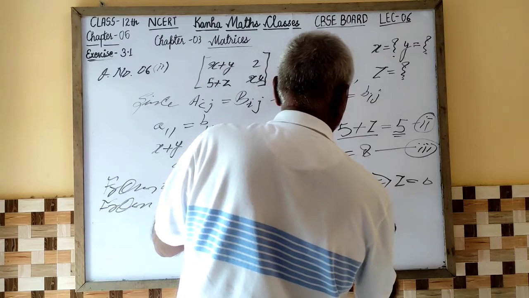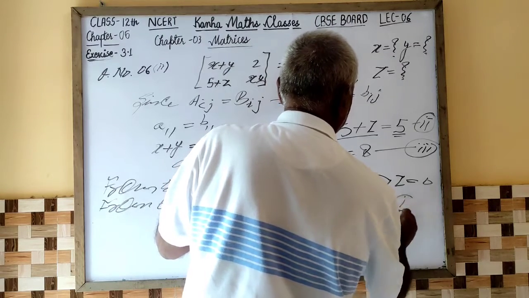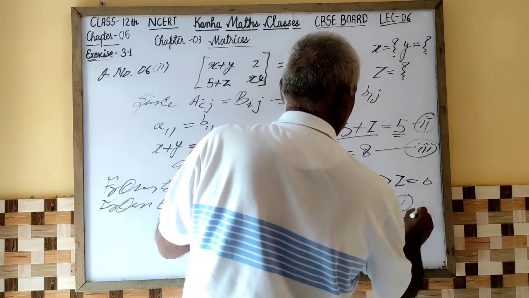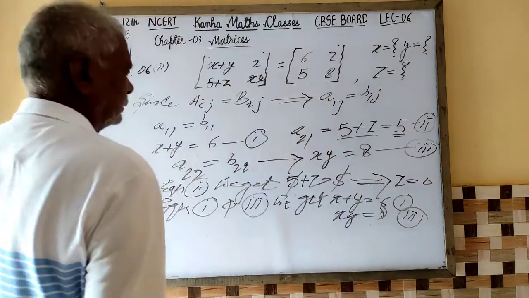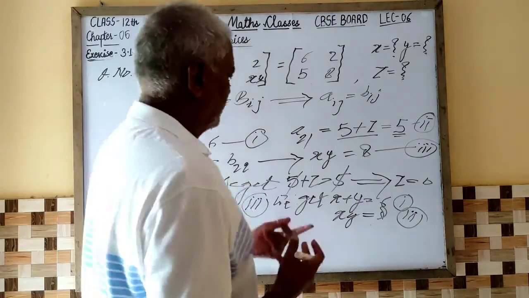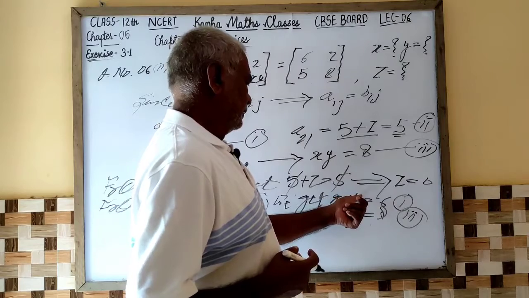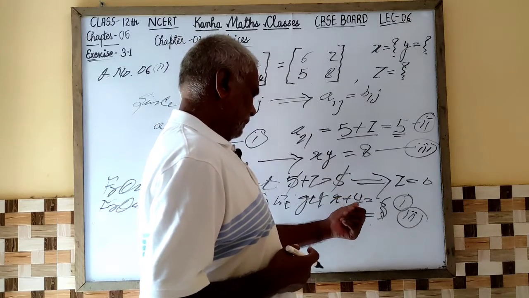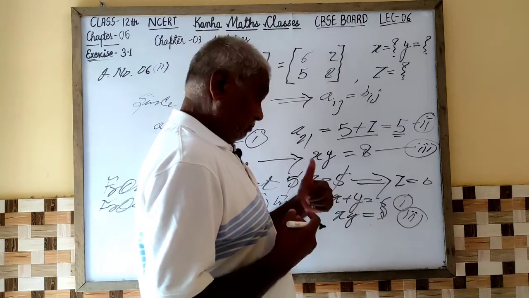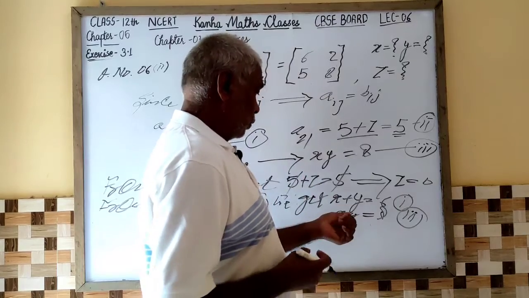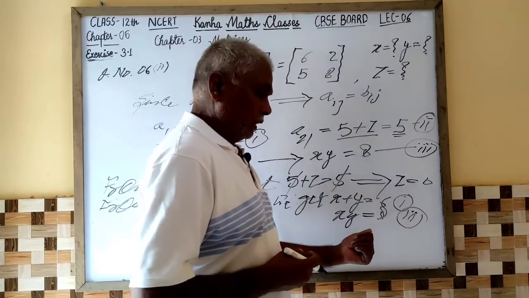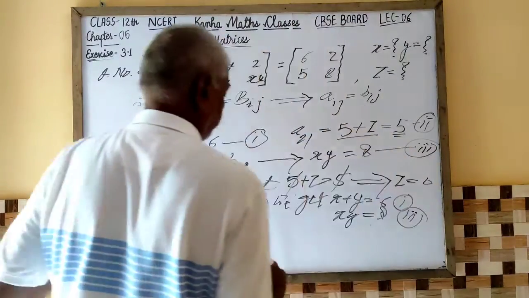This is first and this is third. Then we may find the value of x in terms of y, or y in terms of x, and by substituting the same value in the other unknown quantity from equation 3, we will get the values separately.